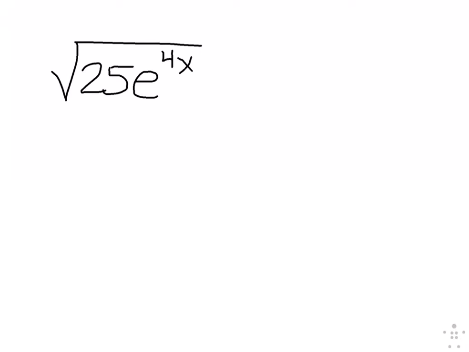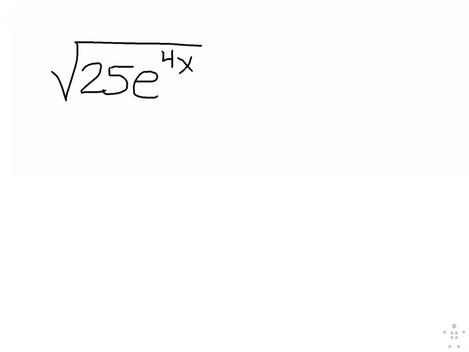What do you do if you've got the square root of 25 e to the 4x? What do you do? Would you square root the regular number first or no?